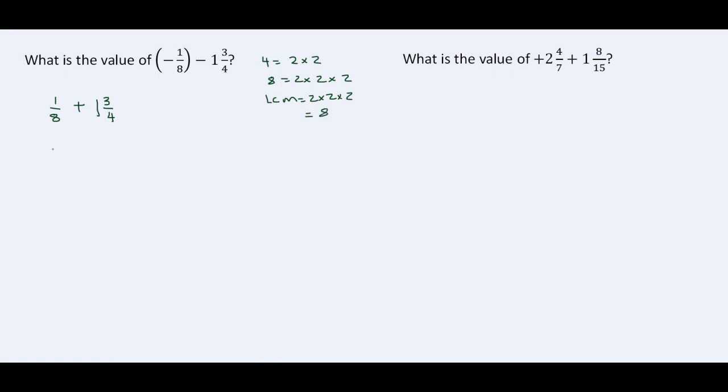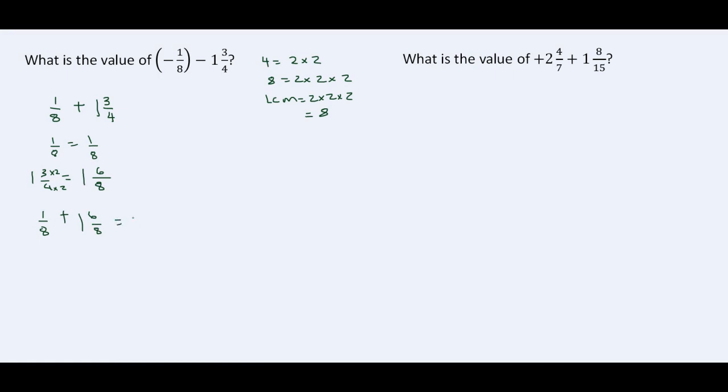So we have now 1 and 1/8 is equal to 1 and 1/8, and then 1 and 3/4 is equal to 1. We're going to change the denominator to 8, so we're multiplying 4 by 2. So we multiply 3 by 2 as well. So this is going to be 1 and 1/8 plus 1 and 6/8.